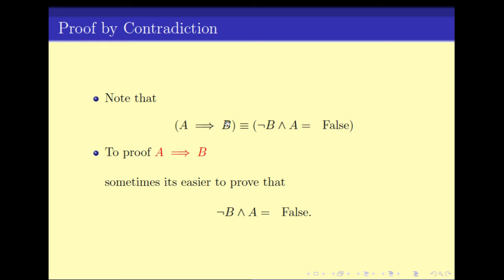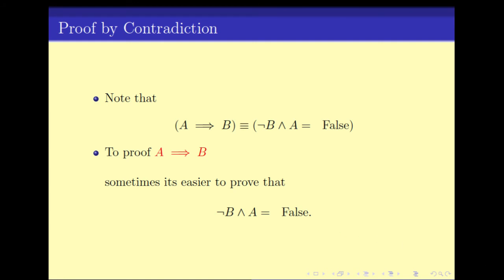I would like you to go and check for yourself that these two statements are indeed equivalent. That means A implies B is equivalent to the statement not B and A is false. Sometimes we will be using this, and this is what is known as proof by contradiction.